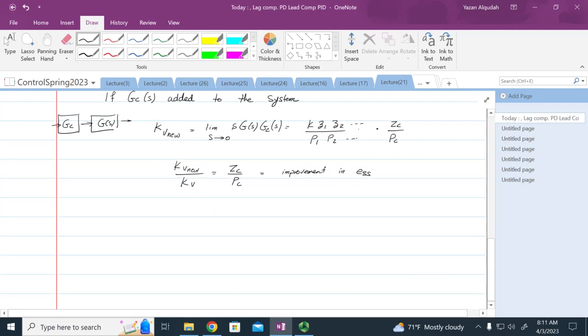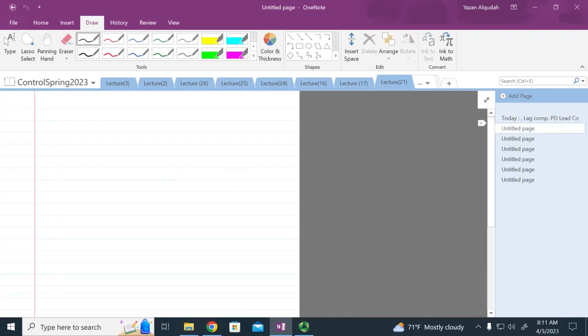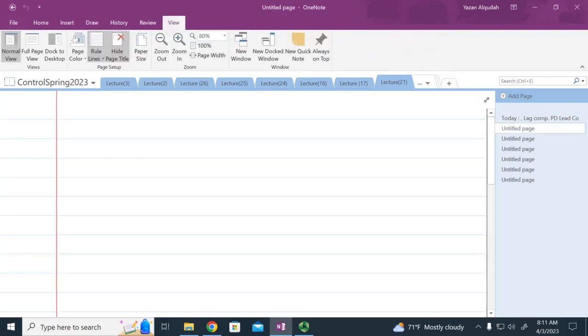Let's do an example on the calculation of the improvement using a lag compensator. So we have the system operating with Kp equal to 8.23 and zeta equal to 0.174.